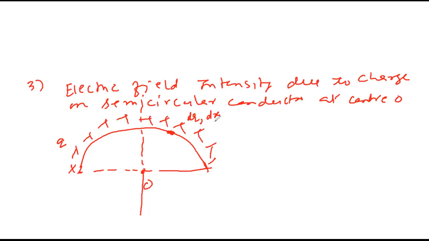Arc length dx, you can take dl because the conductor's length is... if it were on a straight line, I would have told x. See, every time we are using the formula of point charge, so we consider a very small element of length dl where charge is dq, which is subtending angle d theta here.